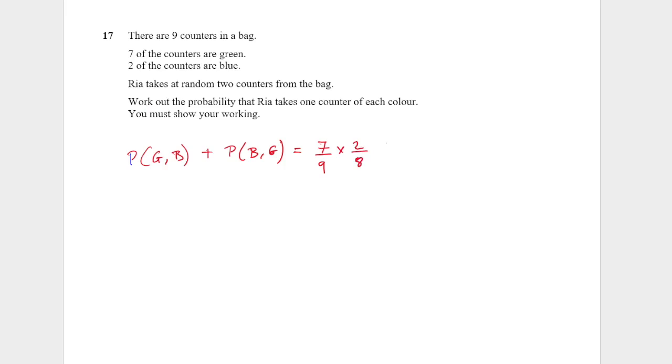To that, I want to add the probability of picking a blue counter first of all, which would be 2 out of 9, and then followed by a green counter, which would be 7 out of 8.